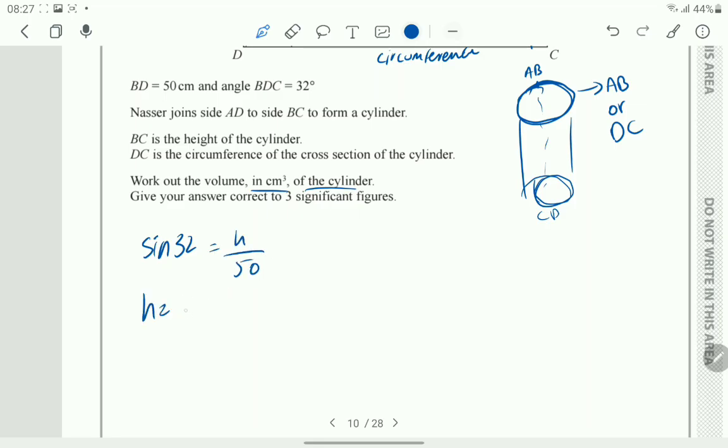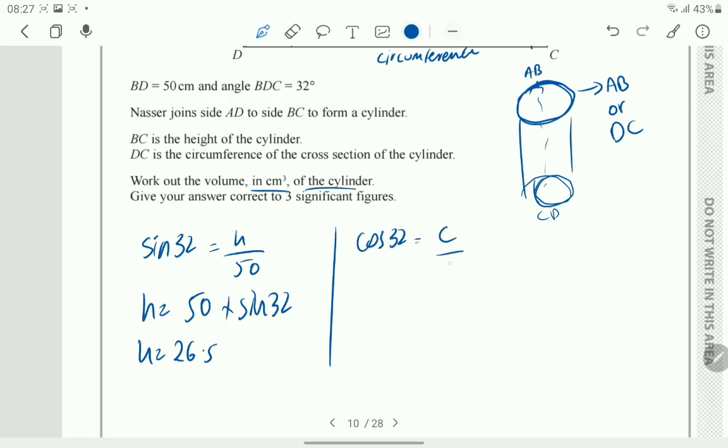So h is 50 times sine 32. h is 26.5. Now using cos 32, we can find that circumference over 50 equals cos 32, so circumference is cos 32 times 50, and circumference is 42.402.